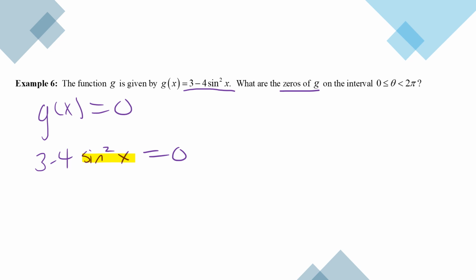If it bothers you to see it written like this, it can also be written as 3 minus 4 times parentheses sine x squared equals 0. If it bothers you to see the power on the sine instead of over the entire function, you can rewrite it in parentheses. Sometimes it helps people remember to take the square root.